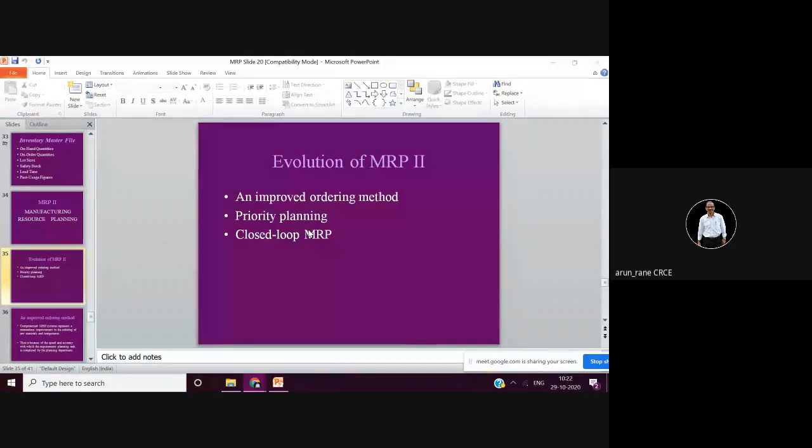So it's an improved ordering method, MRP2. Then you need to do priority planning, and it is a closed loop. That means it is always checked, and accordingly the feedback is given.